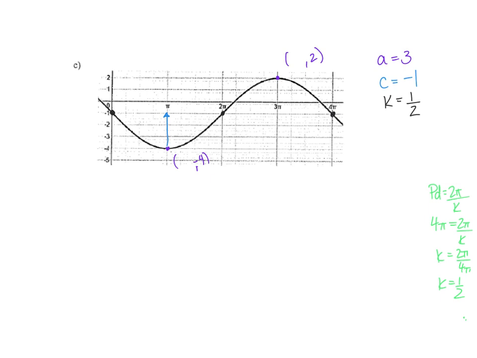All right, so again, I'm really hoping I'm hitting home that point that our amplitude, our horizontal stretch, and our shift up or down are the same regardless of if it's our sine or our cos function.